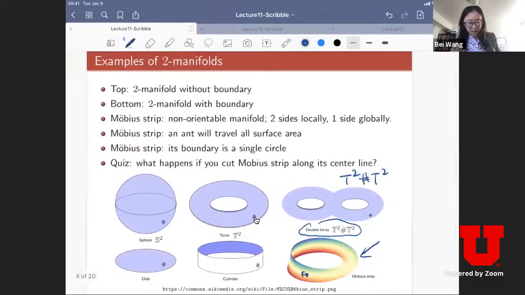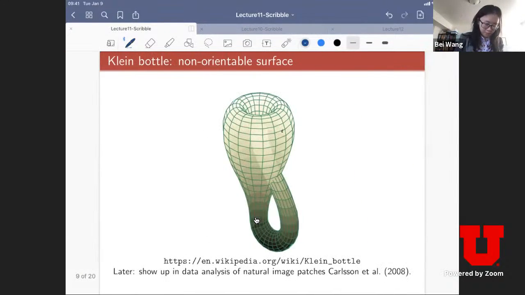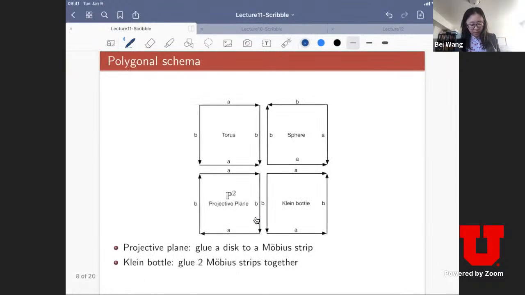The Klein bottle has a similar phenomenon where if you put a little ant over the surface of it, and as the ant is moving, that ant is going to touch all the surfaces. But what's interesting about the Klein bottle is that it is gluing two Mobius strips together, right?